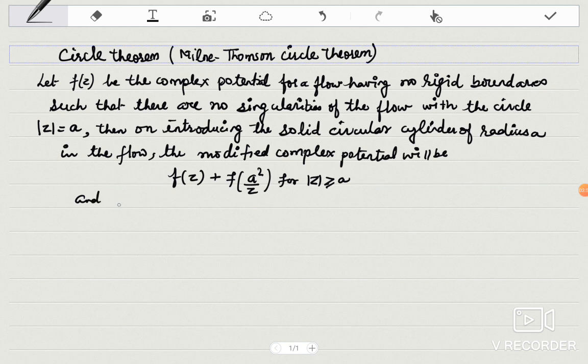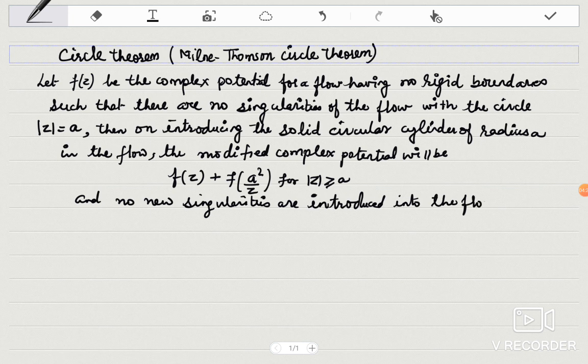and no new singularities are introduced into the flow outside mod z is equal to a.